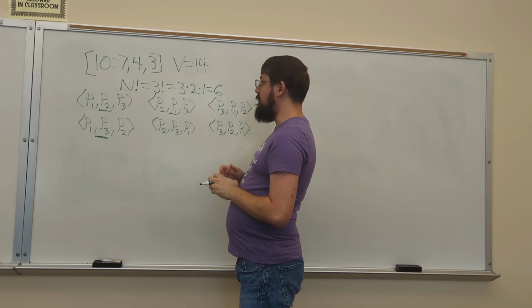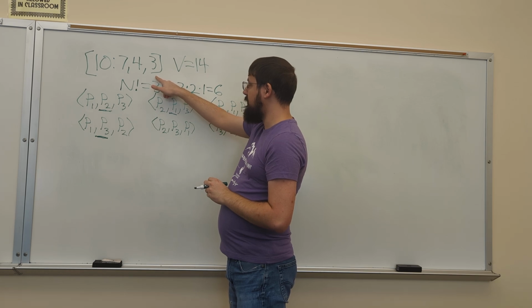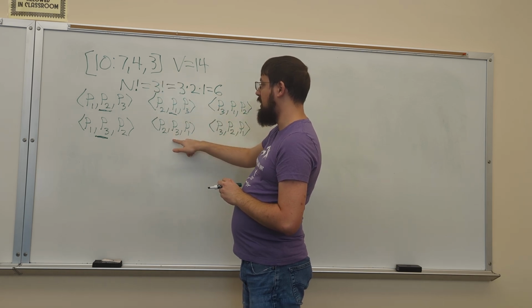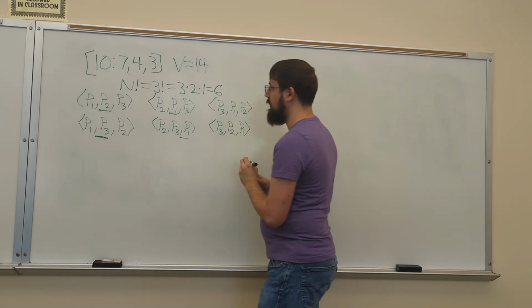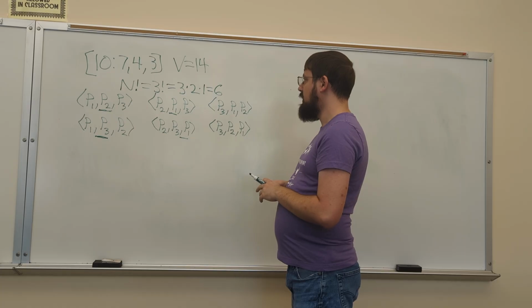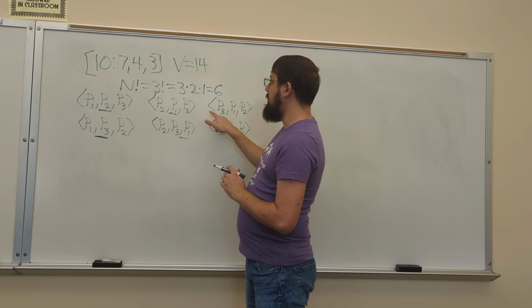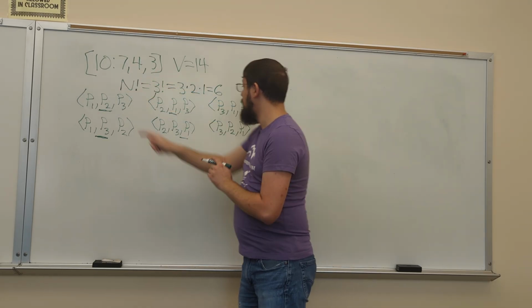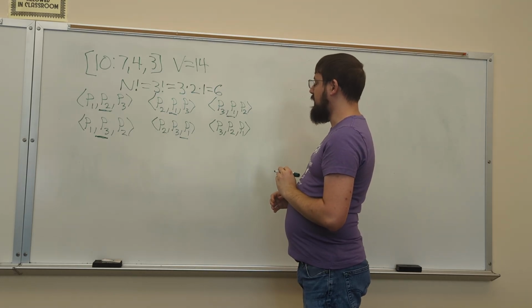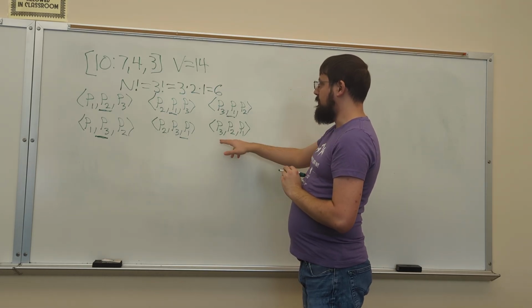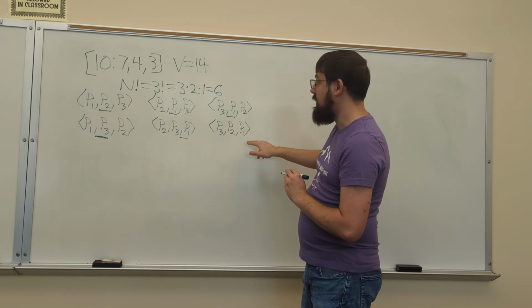Next we have 2, 3, 1: 4 votes plus 3 votes for P2 and P3, that's 7, not enough, but then we add in P1, and now we do have enough, so P1 is our pivotal player. Next, 3, 1, 2. Starting with P3, we have 3 votes, but then we add in P1, now we have 10, so P1 is our pivotal player. And then finally, 3, 2, 1. With just P3 and P2, we have only 7 votes, not enough, but when we add in P1, now we do.